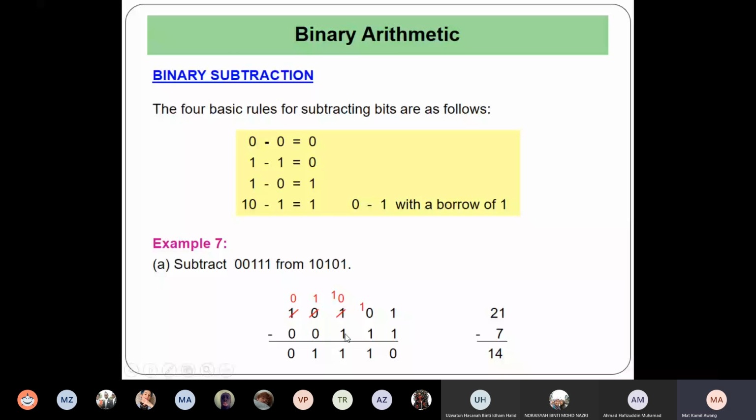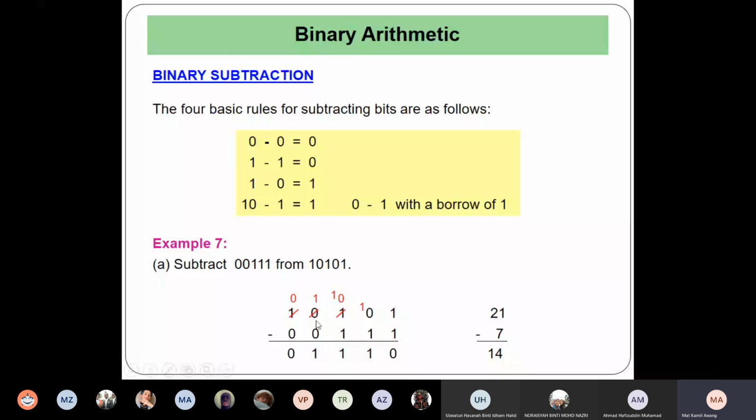You cannot subtract 1, so you need to borrow. You cannot borrow from 0, so you borrow from here. So this becomes 0, this becomes 1, and 1 is here. So now it's 10. 10 subtract 1 is 1.